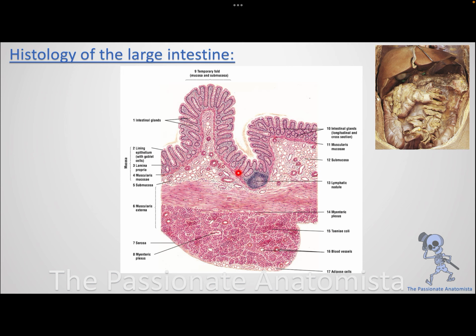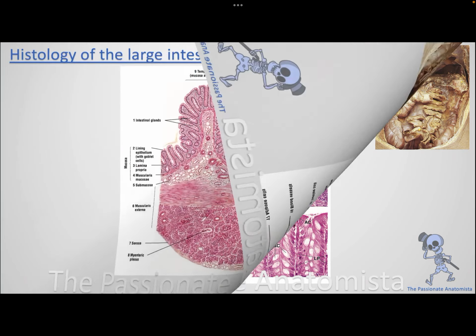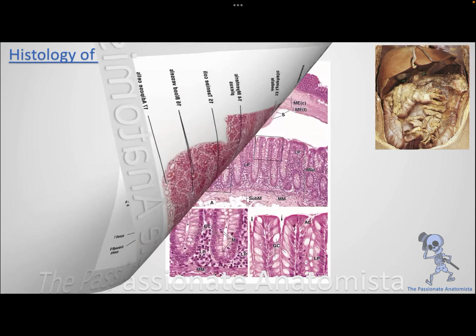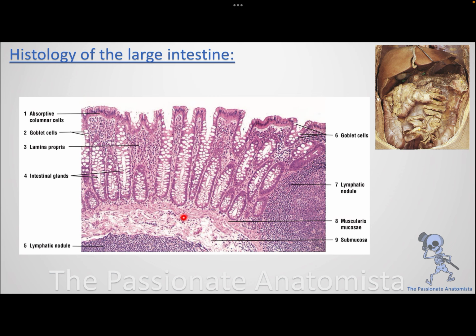Now, of course, everything else is the same as we talked about in the previous parts of the GIT. I just want to have higher magnification. Okay, so this is a high magnification. If you look at the large intestine, what makes it different from the others is the numerous goblet cells.